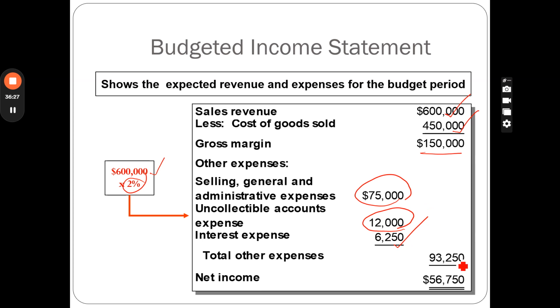That's an expense. So total expenses is going to be 93,250, and you got your net income. So this is what your budgeted income statement is. All the information here is coming from the budgets we prepared earlier. And finally, you prepared a complete income statement for the coming period.